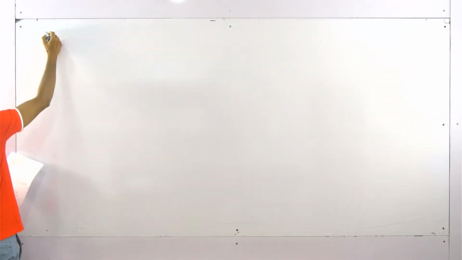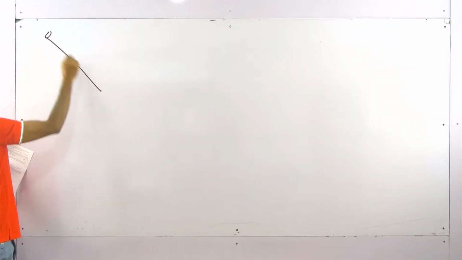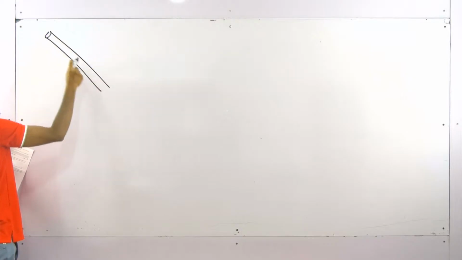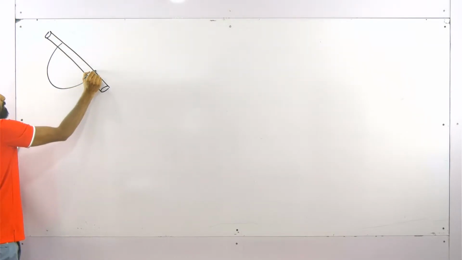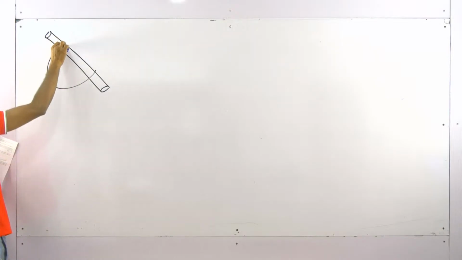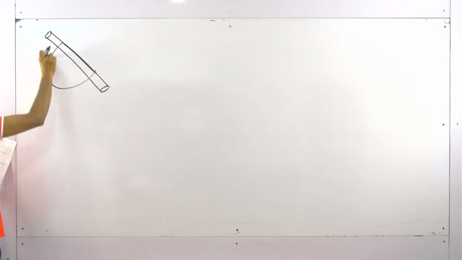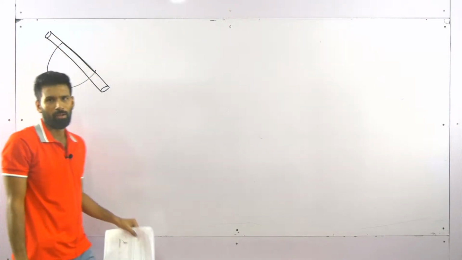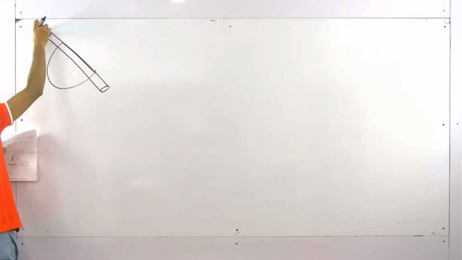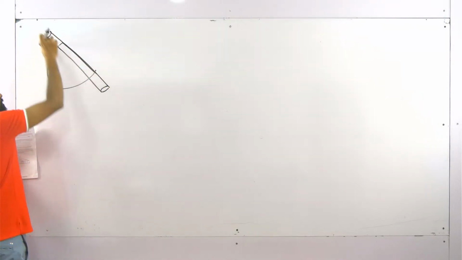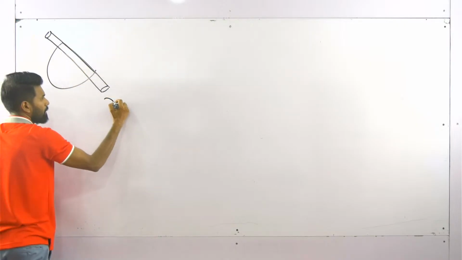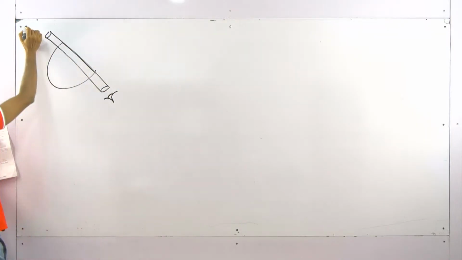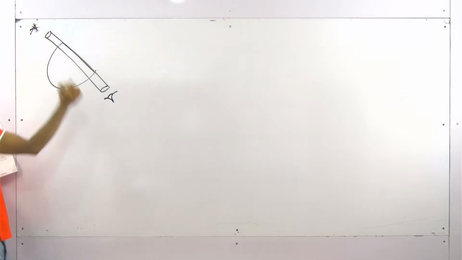Here there's a hollow tube with a facility to measure the angle. When the tube is in a position like this, you keep your eye at this point and you will see the objects here.